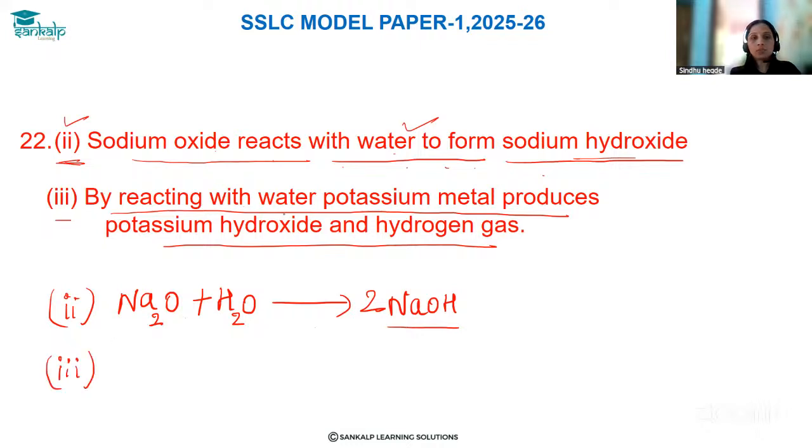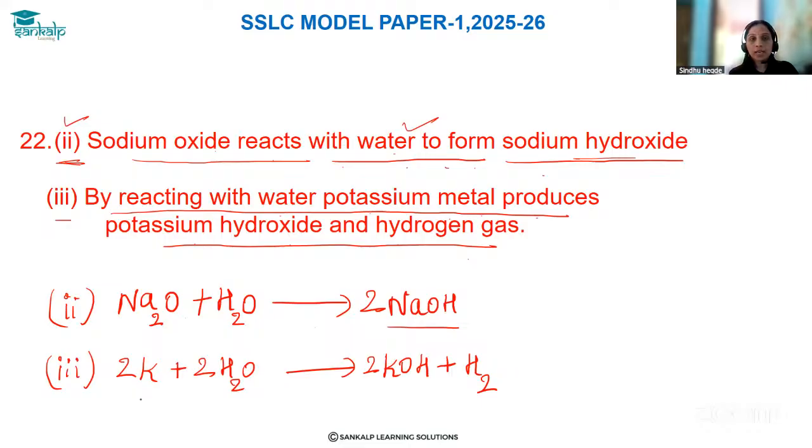By reacting with water, potassium metal produces potassium hydroxide and hydrogen gas. Here the potassium reacts with water, right? 2K plus 2H2O will give potassium hydroxide, that is 2KOH, plus hydrogen gas, that is H2.